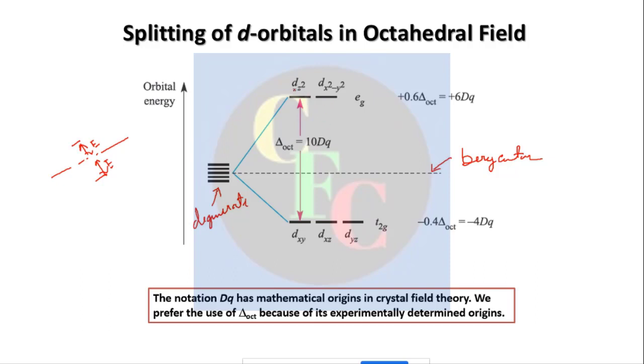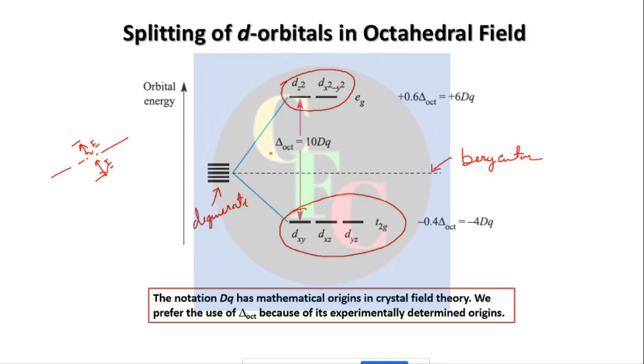Because the numbers are also not the same. The barycenter is there, so to balance the energy between them, the weightage of these 3 orbitals should be equal to the weightage of these 2 orbitals. The energy increase for these 2 orbitals should be equal to the total energy decrease for these 3 orbitals.